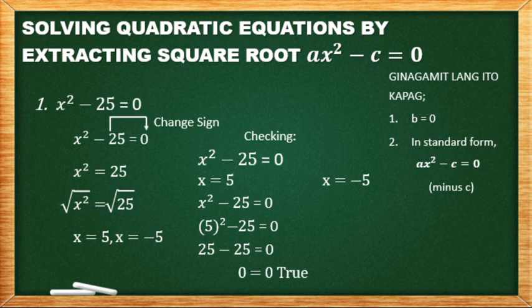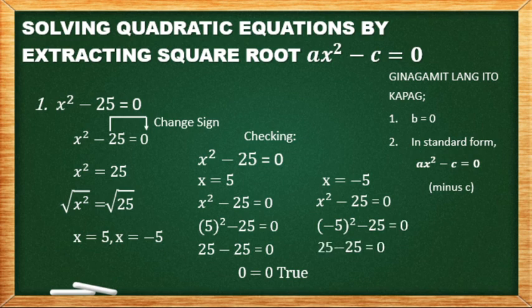Yes, 0 is equal to 0. Therefore, true. How about negative 5? Negative 5 squared minus 25 is equal to 0. So, 25 minus 25 is equal to 0, true because 0 is equal to 0.